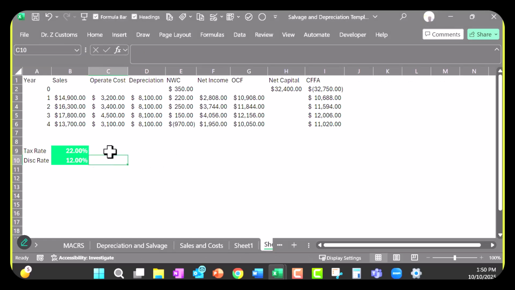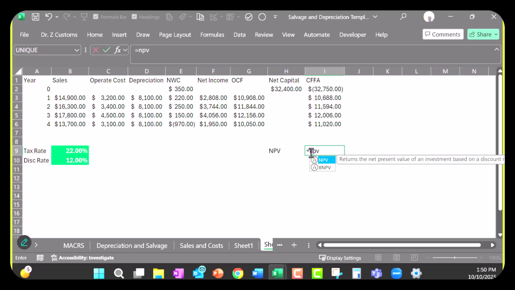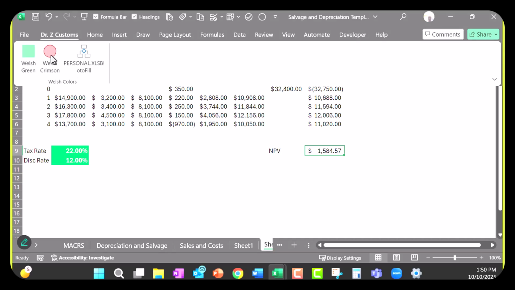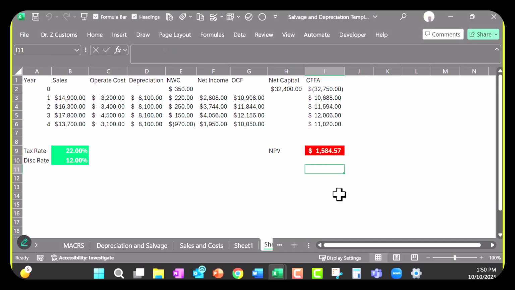You never hurt yourself by having more digits in the formatting. NPV is simple. The first argument is the discount rate, then the future cash flows. Add back the period zero cash flow. Is it clear how I got these done?